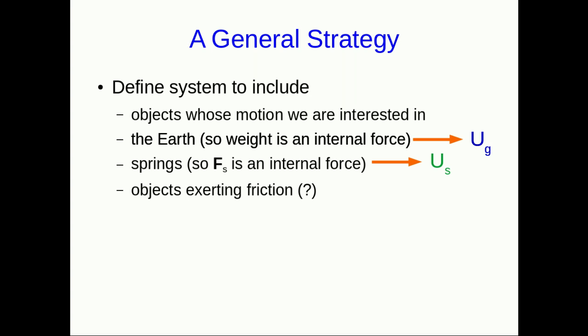Finally, objects exerting friction, and this is sort of optional. As I just showed you, you can do it either way, but I tend to advocate that you include them. That way you have this nice little category of the thermal energy to keep track of work done by friction. And then you can treat everything else as work done by external forces.